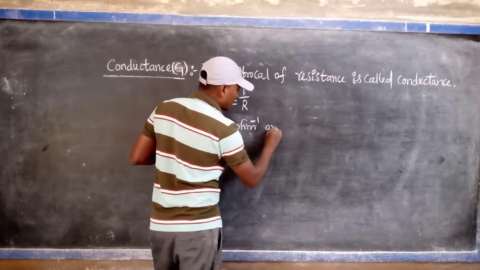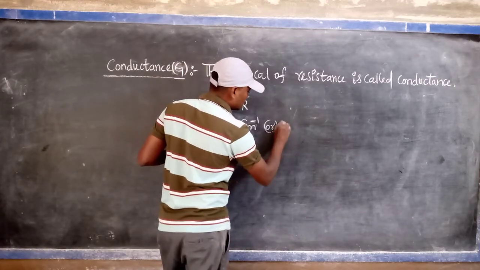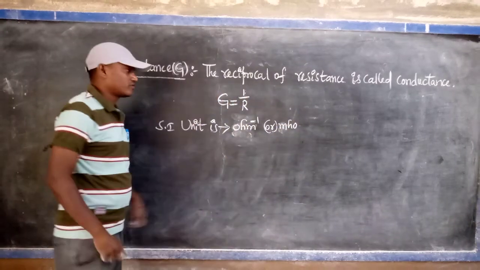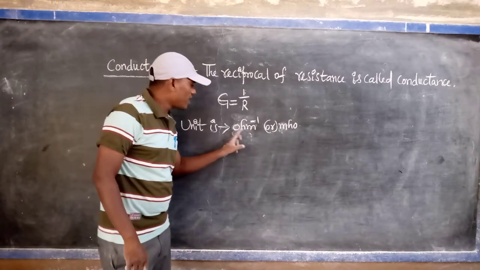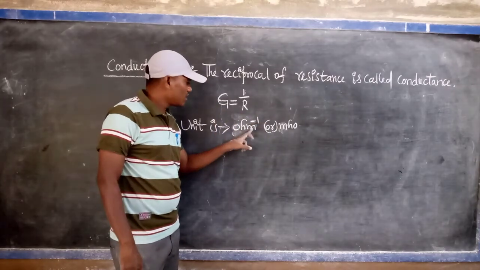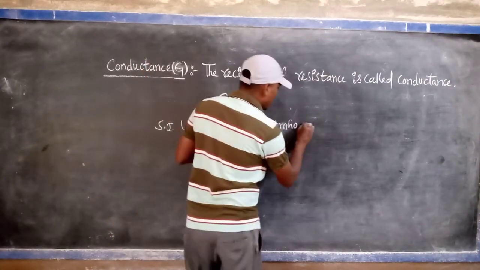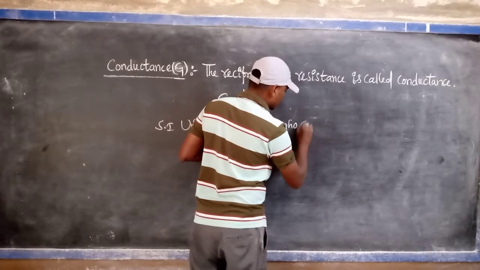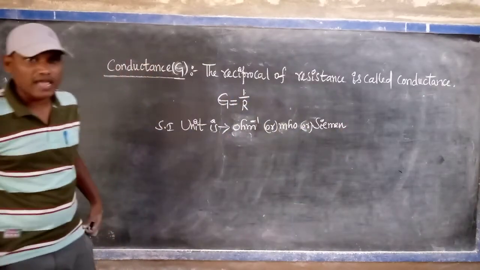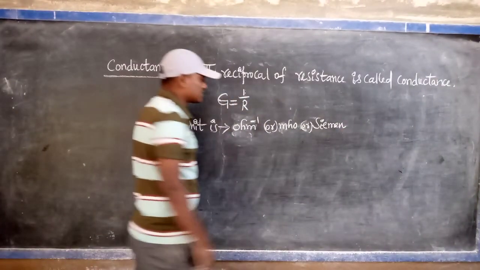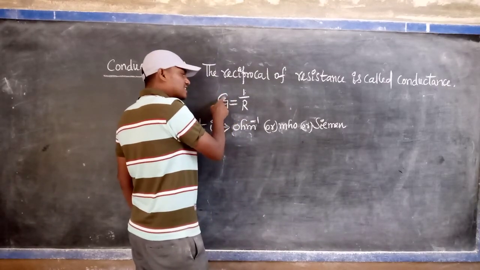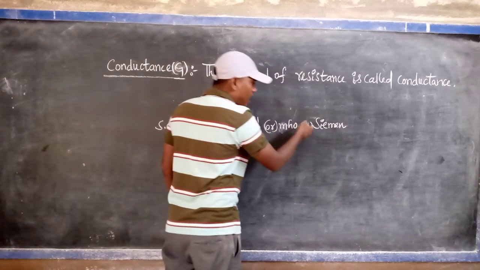Ohm inverse, where inverse means reverse, we can also write as mho, which is ohm spelled backwards. Or it is called siemens, named after the scientist. The unit of conductancy is ohm inverse, or mho, or siemens.